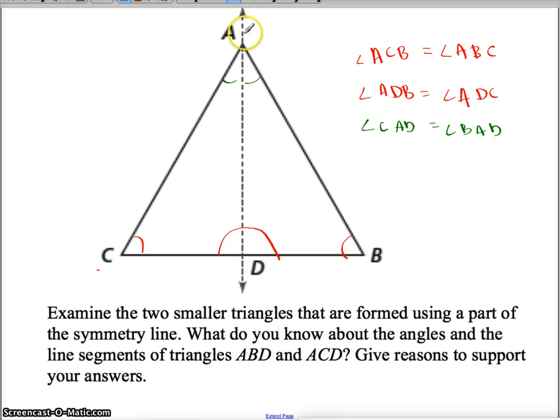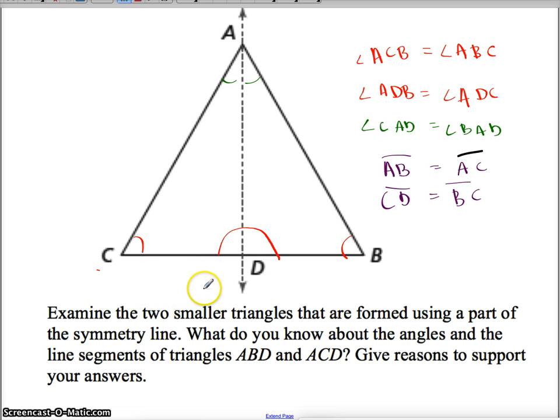Okay, I know that the line segments, line AB, this is the symbol for line, is equal to line AC. I know those two are the same. Okay, and vice versa, CD and BD are the same. So CD is equal to BD.